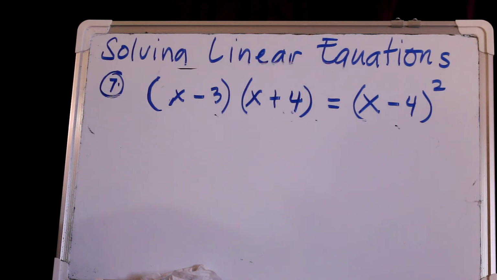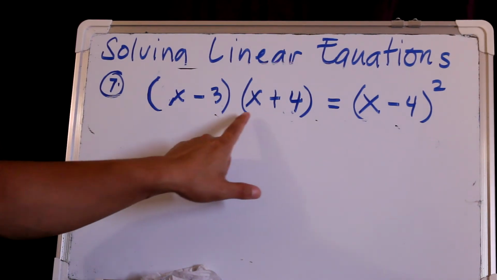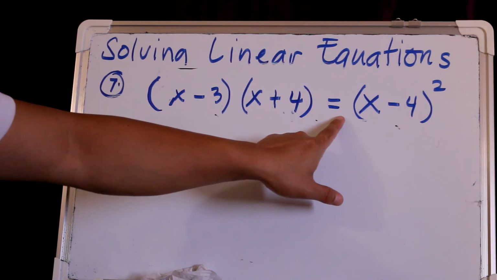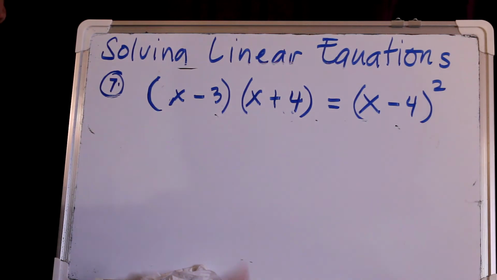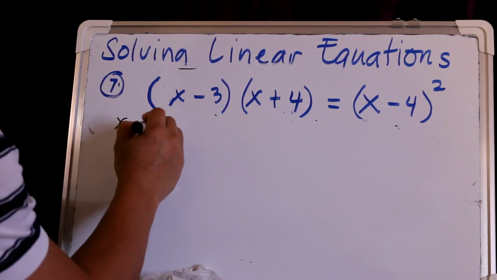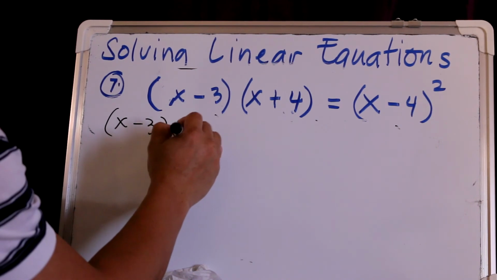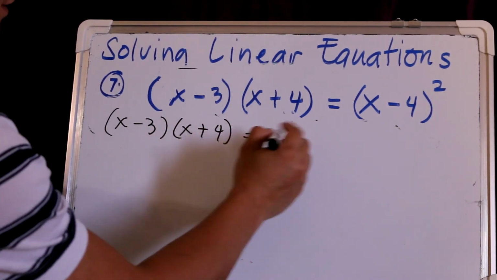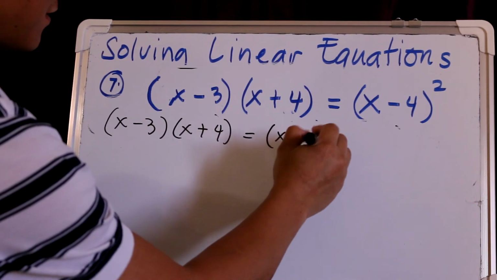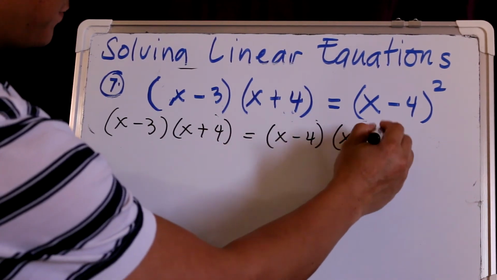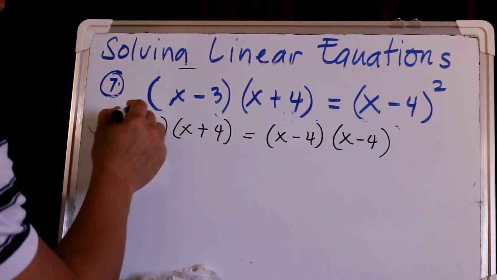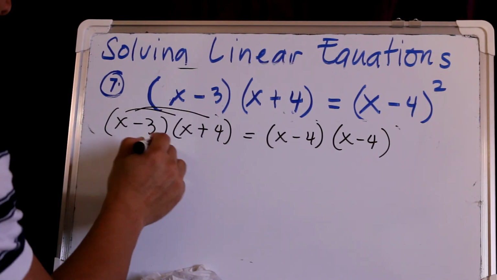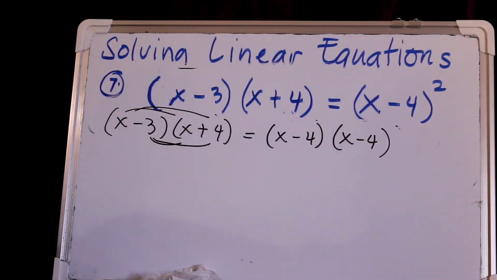Okay, so what if you're given like this? So x minus 3, x plus 4, and then you have equals to x minus 4 raised to the power 2. We are going to have x minus 3 times x plus 4 equals x minus 4 times x minus 4. Then we will multiply this using FOIL method, so we will multiply the brackets.